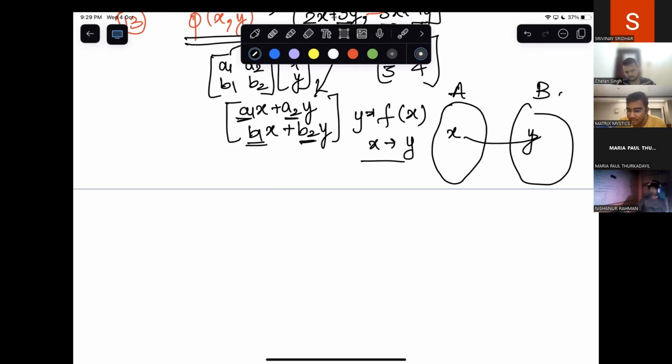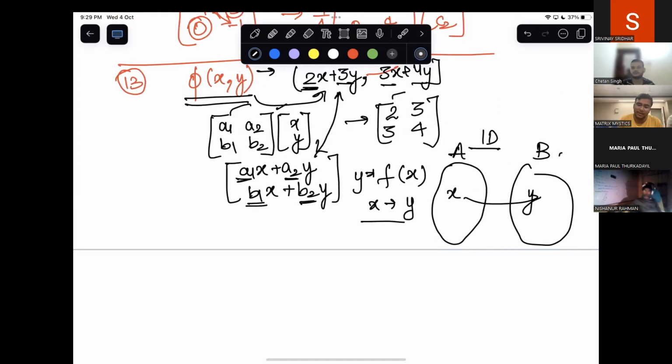Yeah, so you're mapping x to y. I understand that mapping, but what do you mean by mapping coordinates? If we see, this is a one-dimensional thing. Till 10th, 11th, 12th, what we do is map one dimension of element to another dimension of element. But over here, we link x, y to a, b. There is a second dimension thing, and who can do it better than a matrix? Thereby, a matrix is a function.